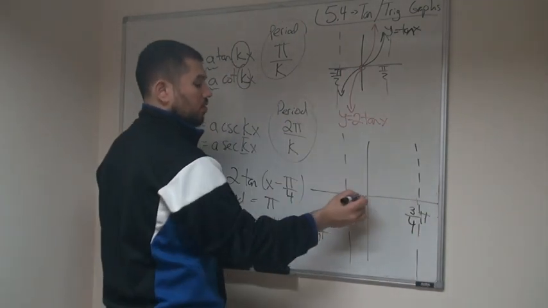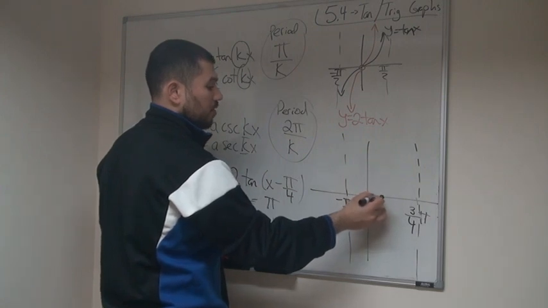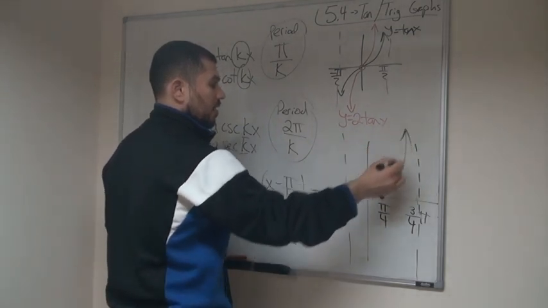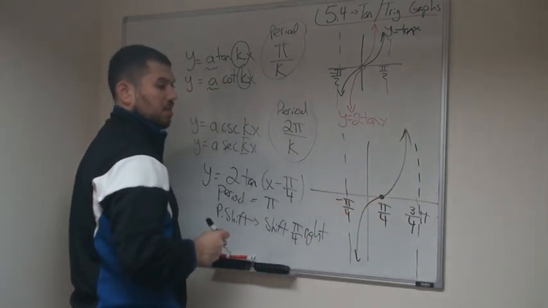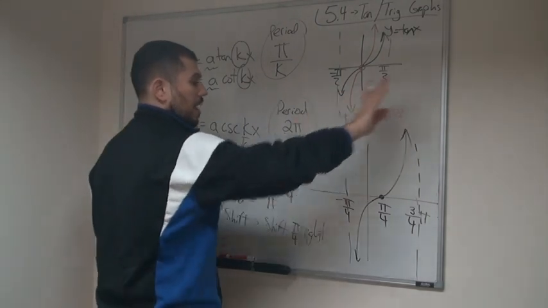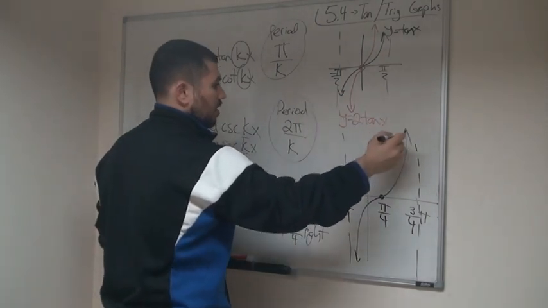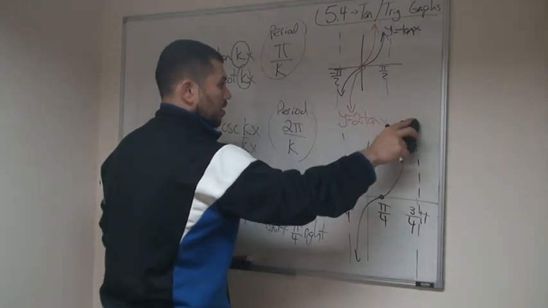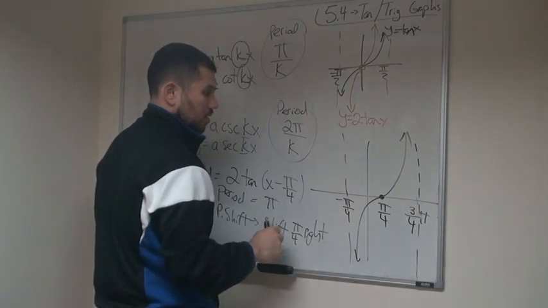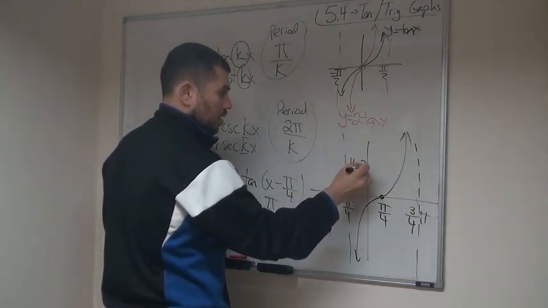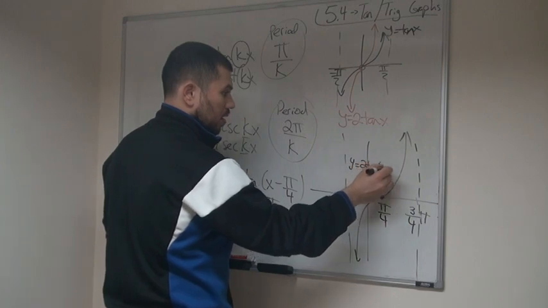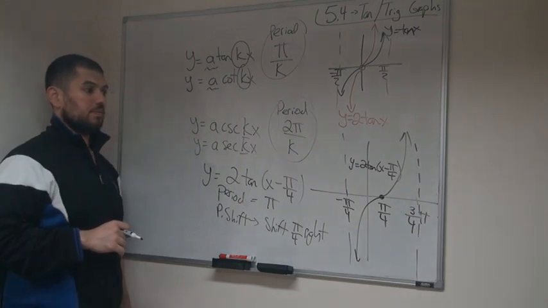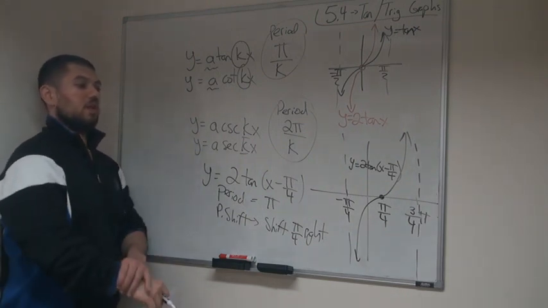My zero at 0, 0 is moving to pi over 4, 0. And then I have the double effect. The 2 tan of x minus pi over 4 shifts it to the right. So that would be a phase shifted version of the graph.